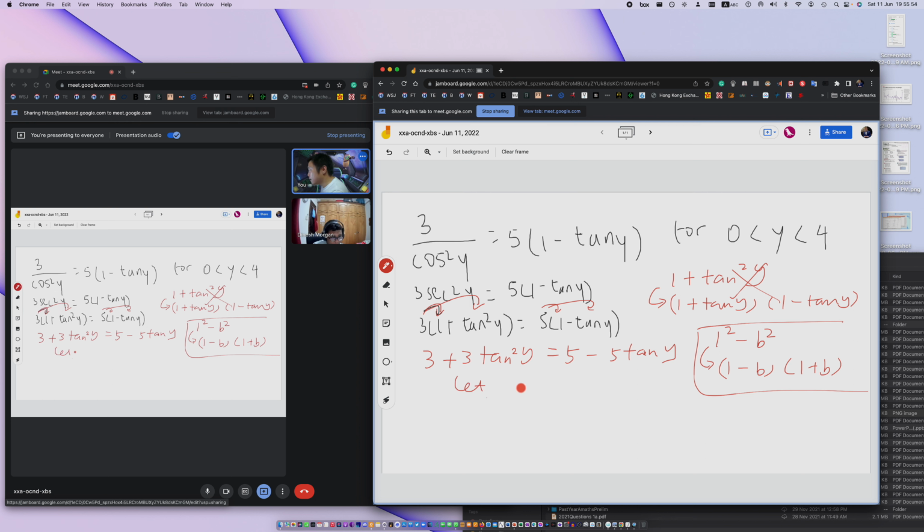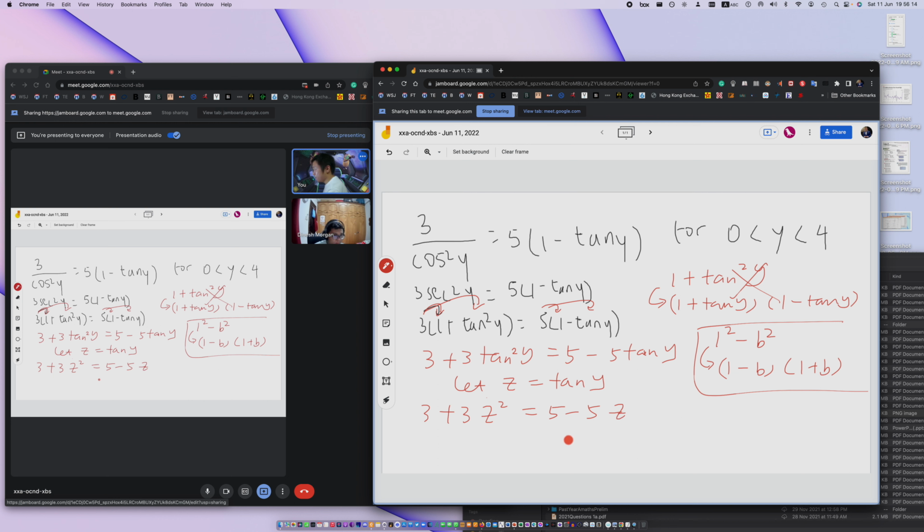actually let z equal to tangent y. Then once you let z equal to tangent y, this is a quadratic equation, which is 3 plus 3z square equals to 5 minus 5z.